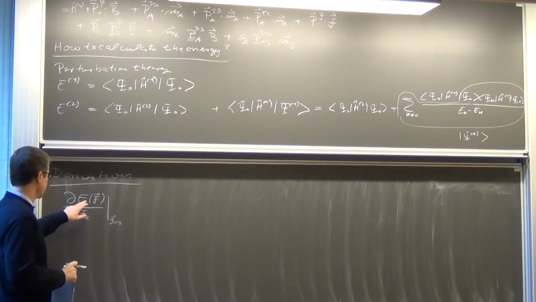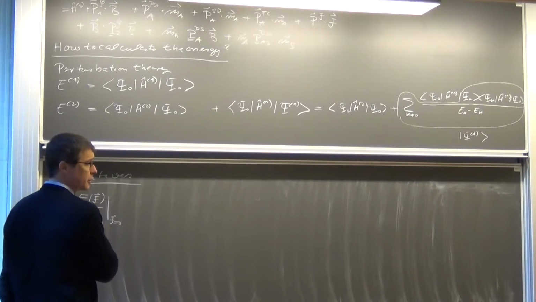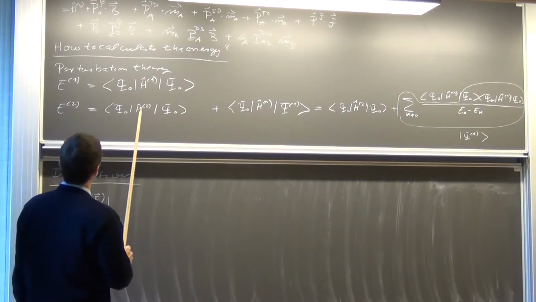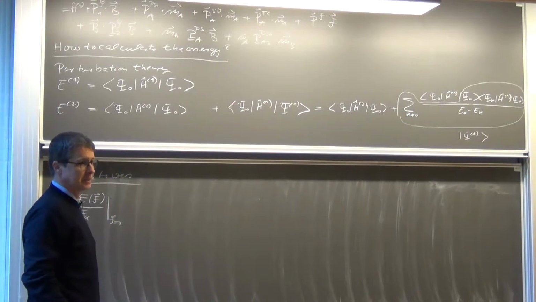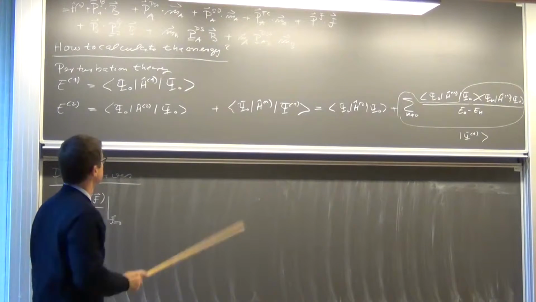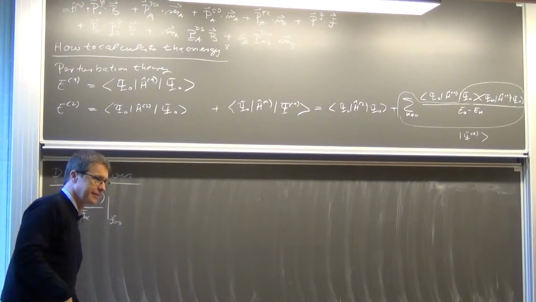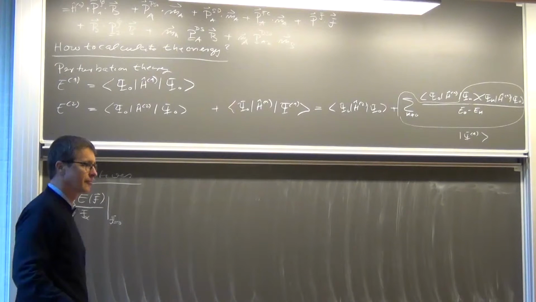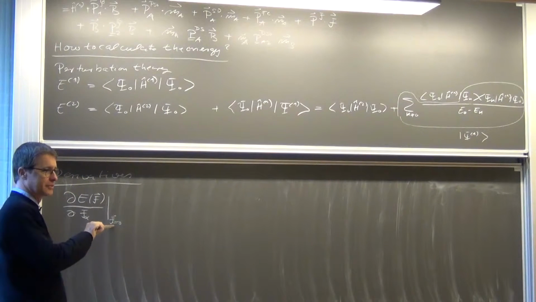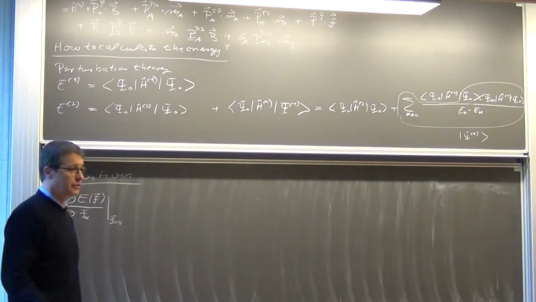Now, if I take the first derivative with respect to some of those fields, then of course all the terms which are linear in the field disappear from that term, and all the terms which are quadratic in the field are still linear in the field after the first derivative, because the derivative of x squared is 2 times x. But if I then evaluate that derivative for zero field strength, all the terms which still depend on the fields are set to 0.